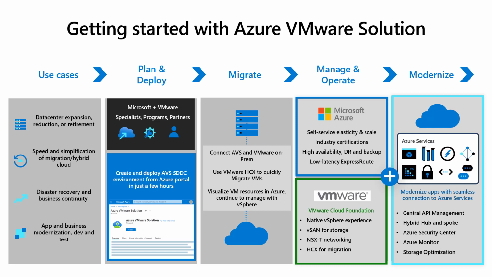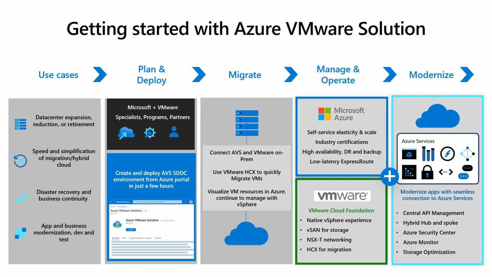When you move further to the right, you get to the manage and operation side of things. There's the elasticity and scale of Azure. Microsoft has a number of industry certifications. You can think about building additional workloads in other platforms as well, so you can think about increasing high availability, DR, and backup. And then you also have capacity to use the low latency ExpressRoute solution.